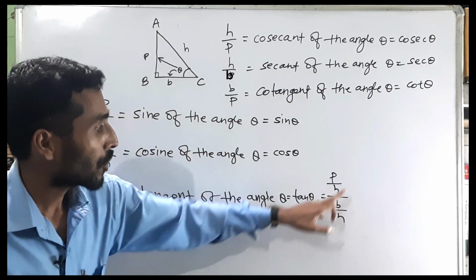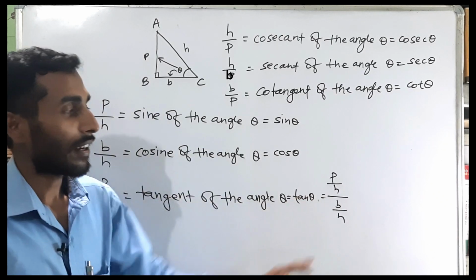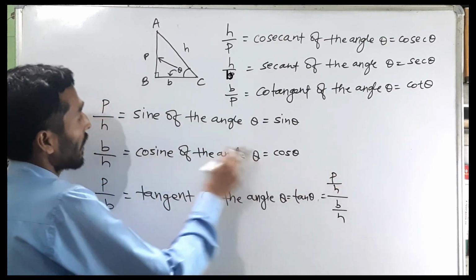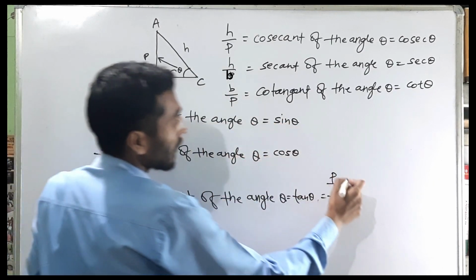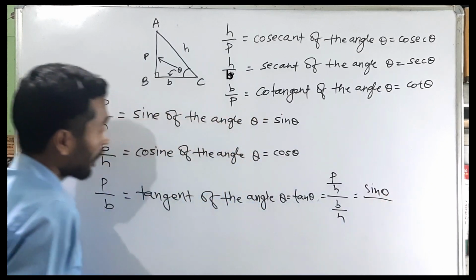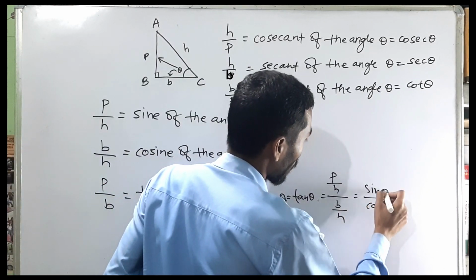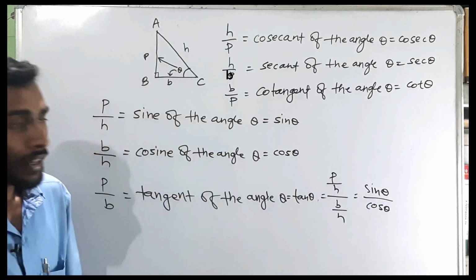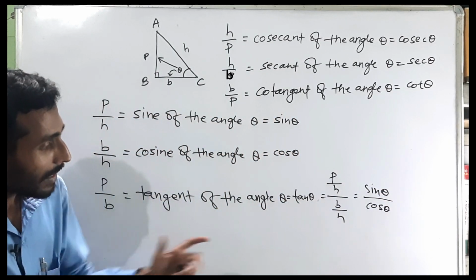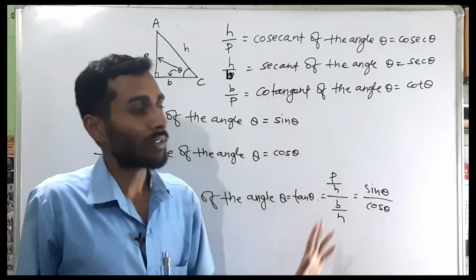Cancelling h with h, we get the same thing, p by b. Now p by h is sin theta, and b by h is cos theta. That's why I say tan theta is not a basic trigonometric ratio, because it can be changed into the form of sin theta and cos theta.